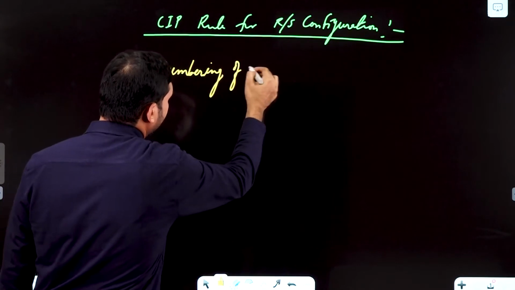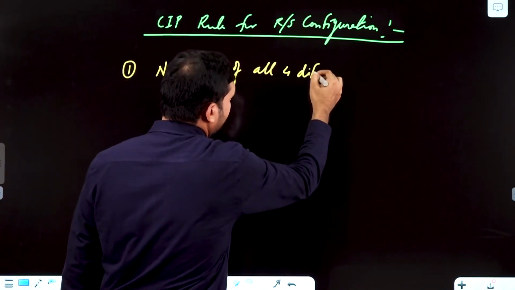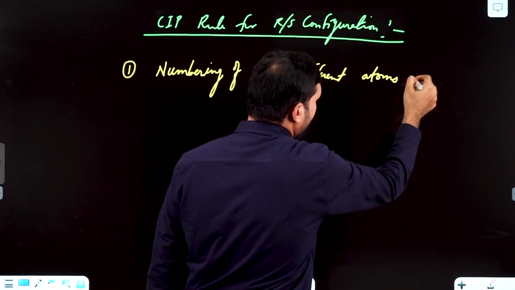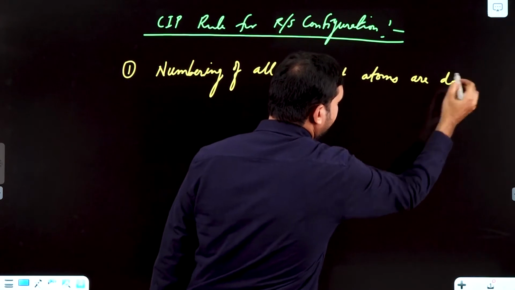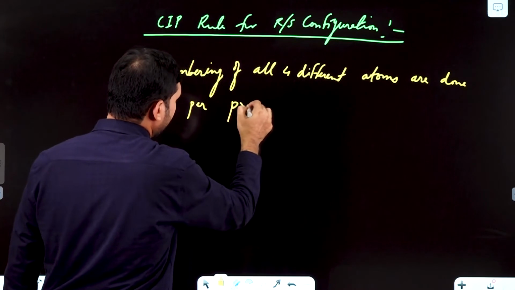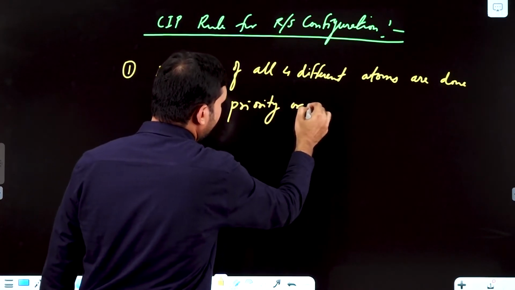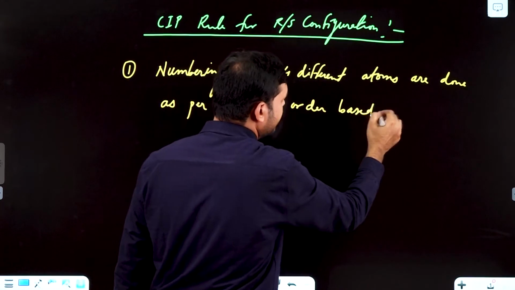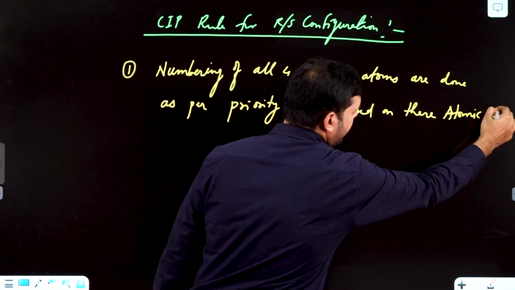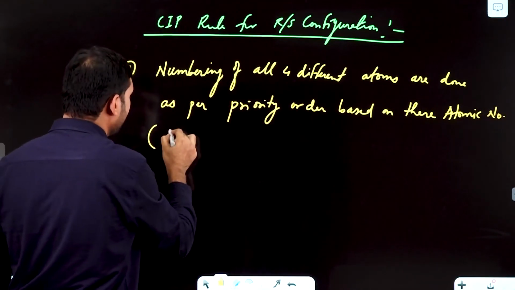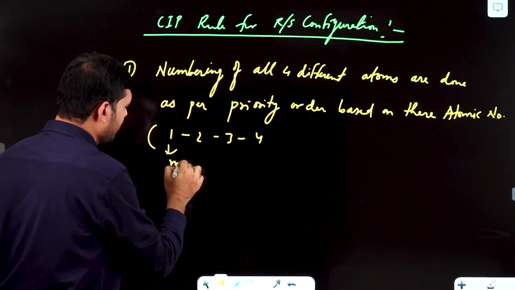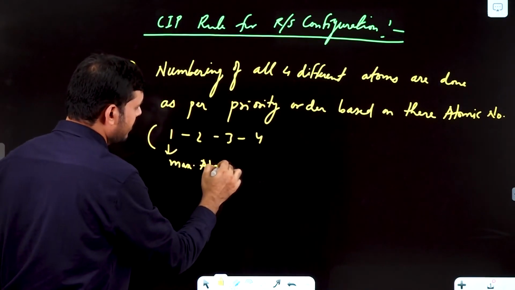So the CIP rule for RS configuration says, first of all, numbering of all 4 different atoms is done as per priority order based on their atomic number. That numbering will be 1, 2, 3, 4, with 1 for the maximum atomic number.